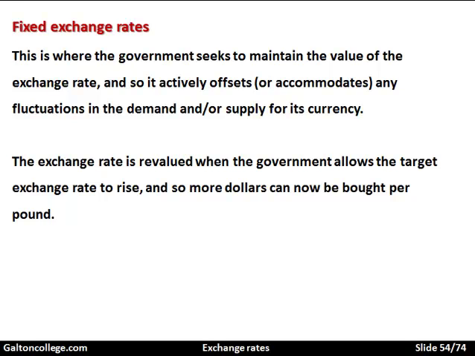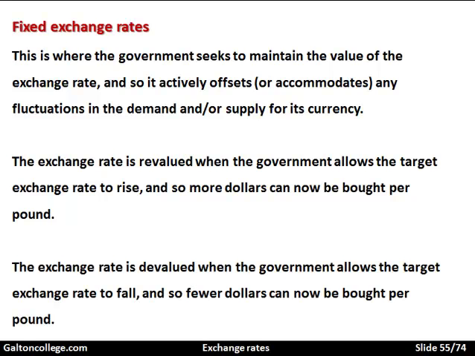In that case, the government could, with permission from the others who signed the agreement, move the exchange rate from one level to another. It could be devalued or it could be revalued, depending on what the problem was.